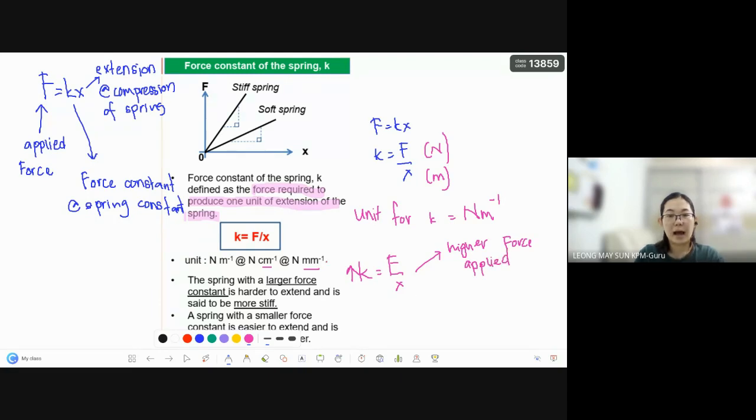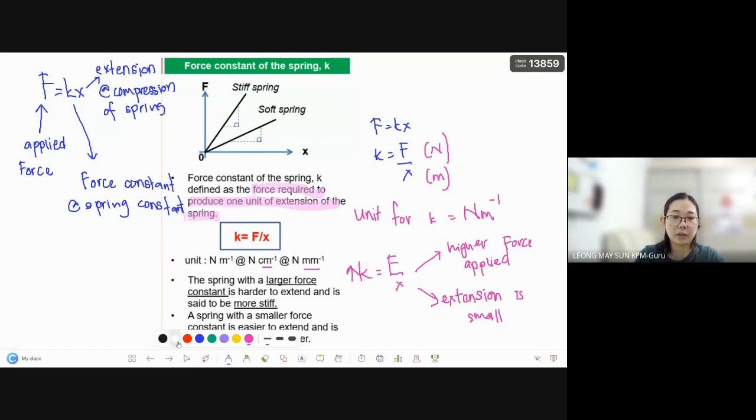All right. Higher spring constant value means you have a higher applied force, and also the spring extension is small, because only that way you can actually get a high spring constant value.